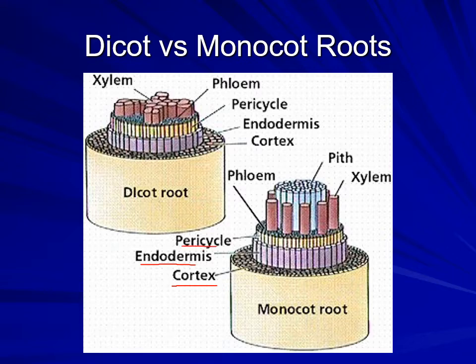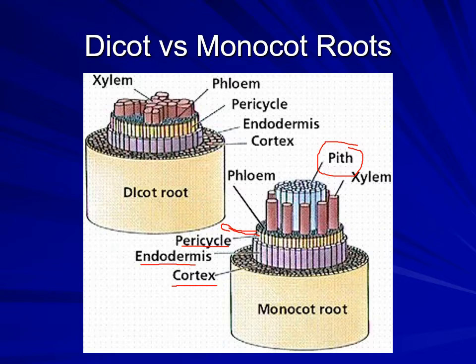Then there's the pericycle, which is where your lateral roots will emerge and branch from, because monocots branch their roots too. Then you've got your phloem and your xylem. And the pith, which is the center, serves no purpose in terms of conducting water or nutrients.